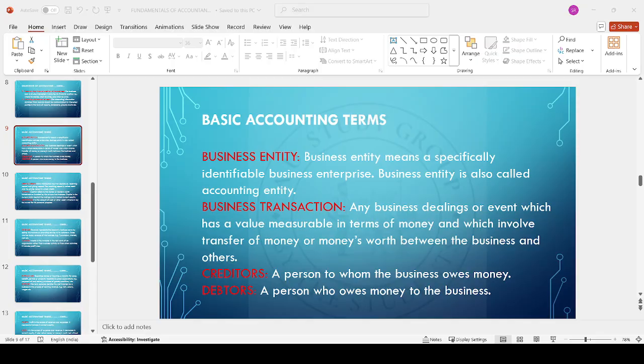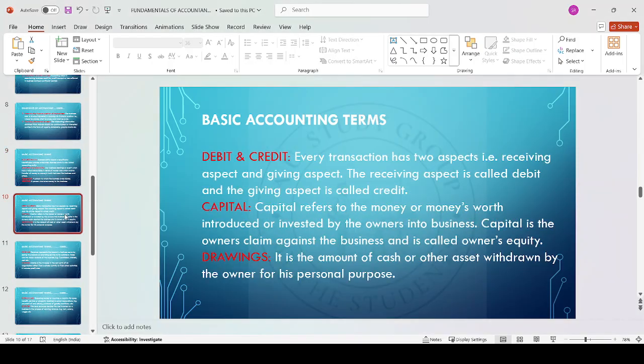Now the next terms are debit and credit. These are the main terms which you use in accountancy. Every transaction has two sides. Listen to this very carefully. Every transaction has two sides, a receiving aspect and a giving aspect.